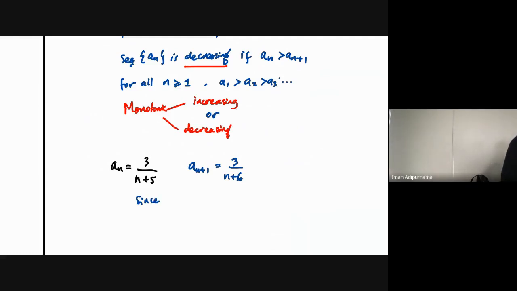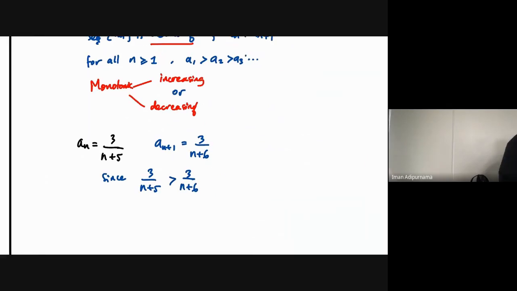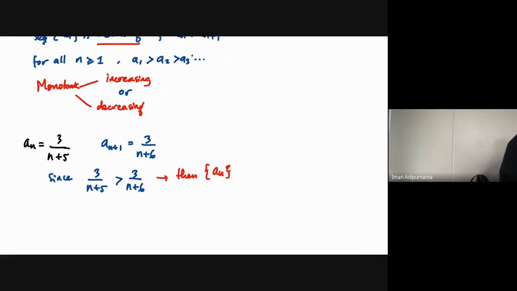And since 3 over n plus 5 is greater than 3 over n plus 6, we can say the sequence is decreasing. So if you have a sequence and want to know whether it is increasing or decreasing, you need to find a_(n+1). You just change n to n plus 1.